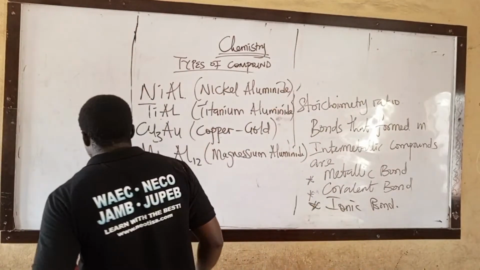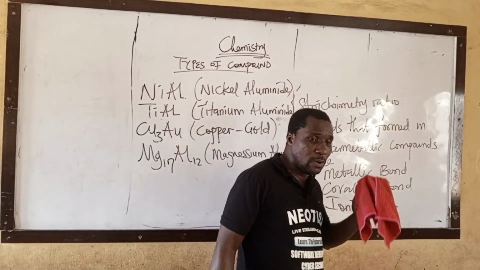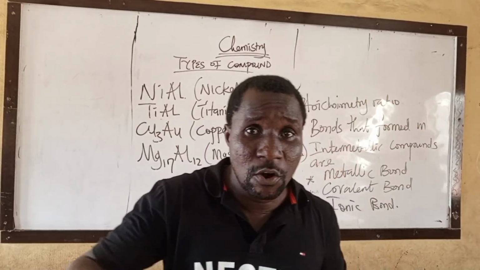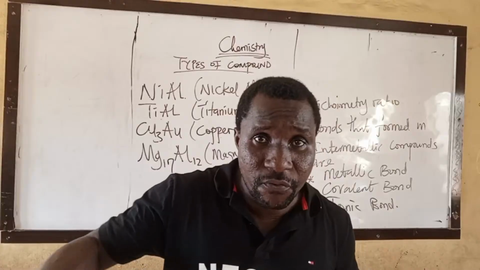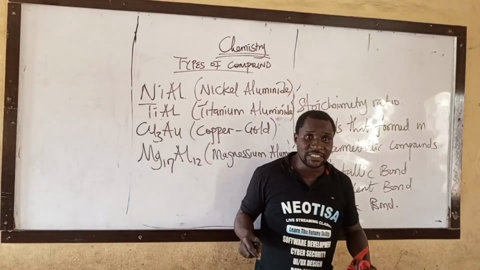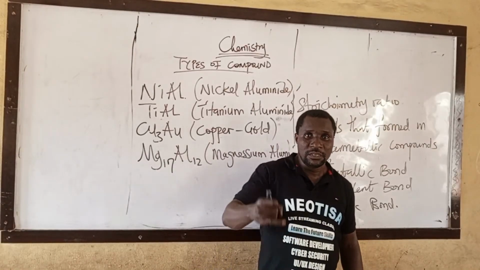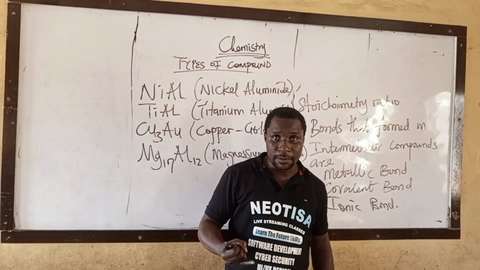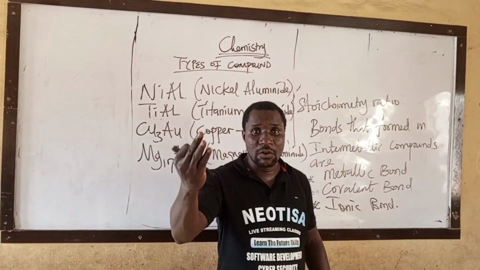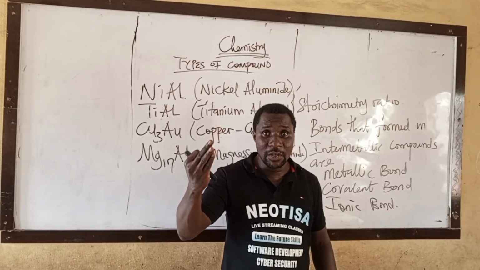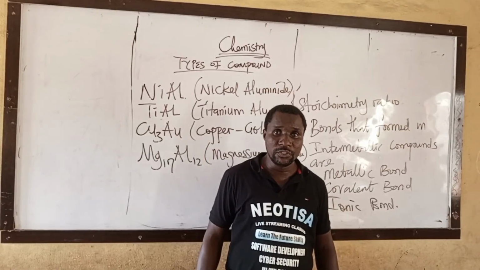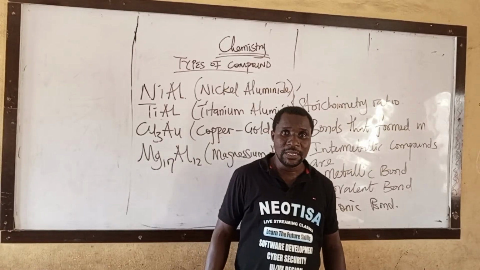Those people online, I hope you can follow. To recap the characteristics of intermetallic compounds: they conduct electricity as a metal, they have high density, and they have high melting and boiling point.